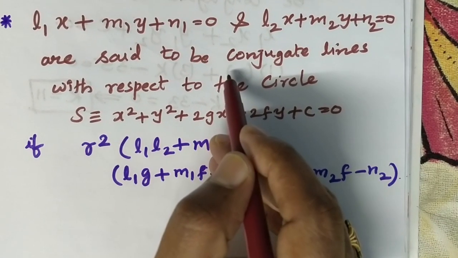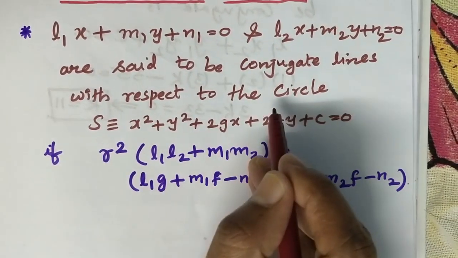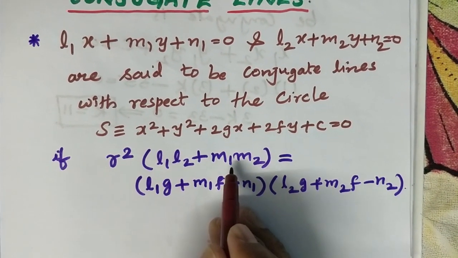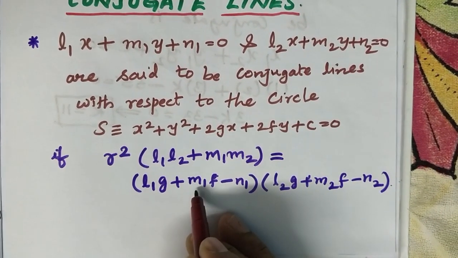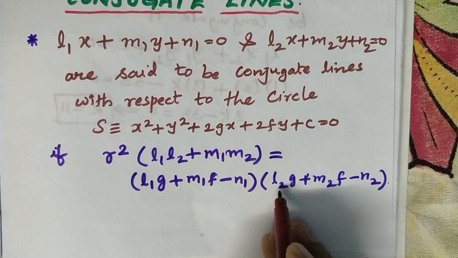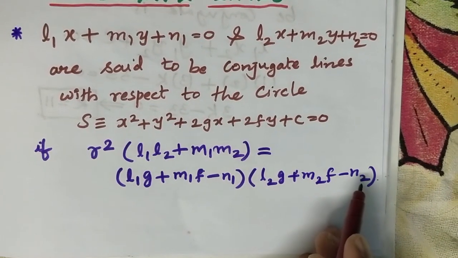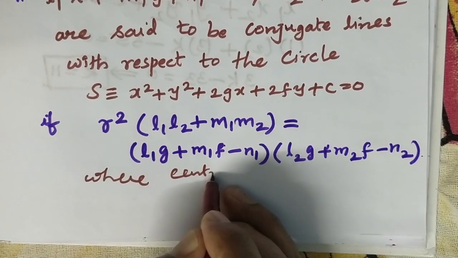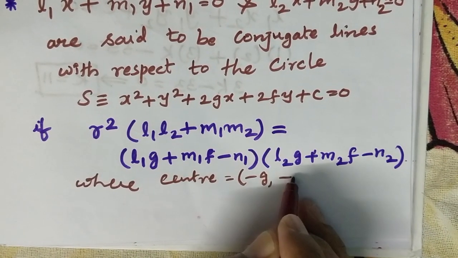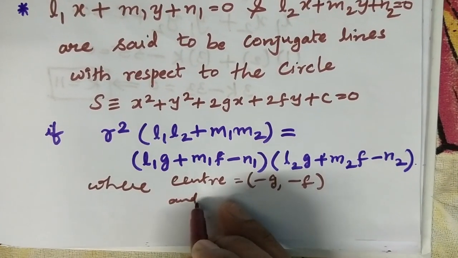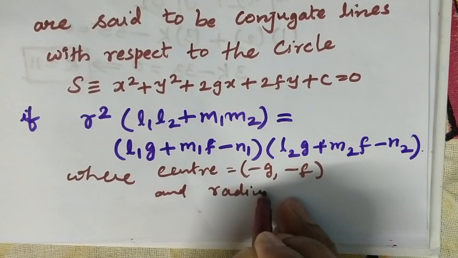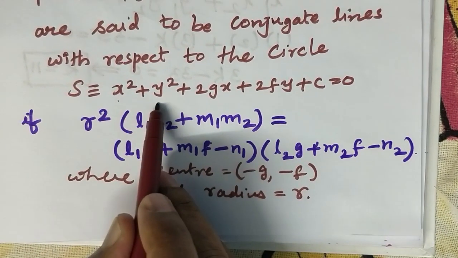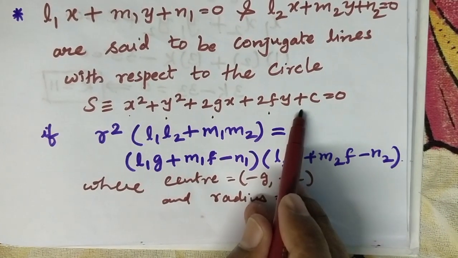When they are said to be conjugate lines, the condition is r square into (L1 L2 plus M1 M2) = (L1 g plus M1 f minus N1) into (L2 g plus M2 f minus N2), where the center is (minus g, minus f) and the radius is r of the circle x square plus y square plus 2gx plus 2fy plus c = 0.